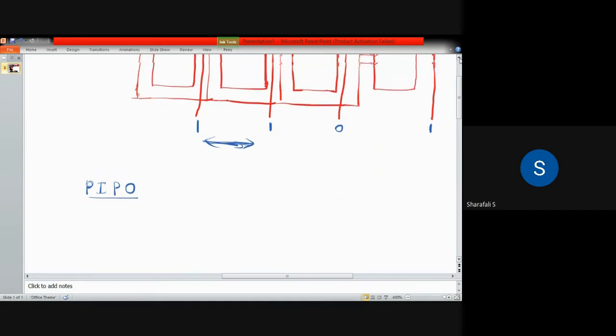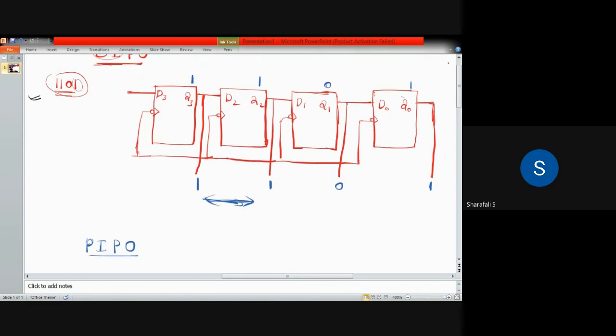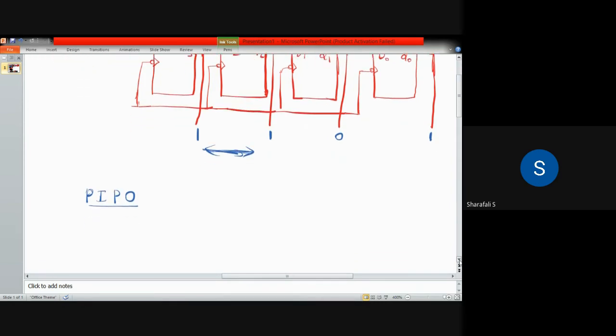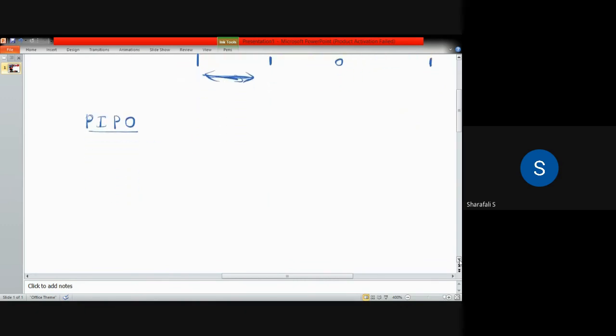Let me see whether I can draw it here itself. Okay, anyway, I will draw it here. So parallel input, parallel output.